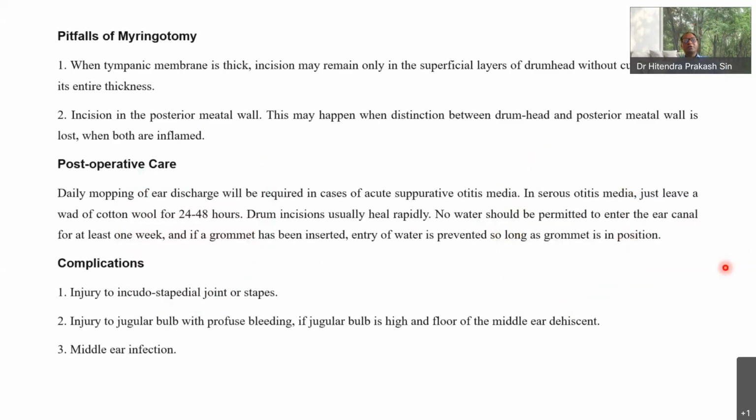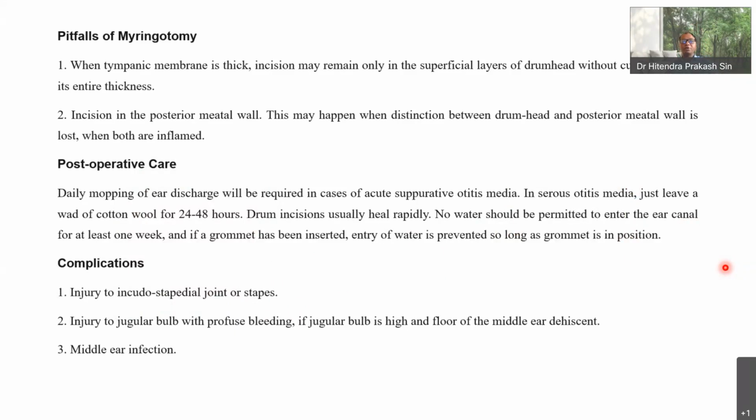Now, what are the pitfalls of myringotomy, when we cannot do the myringotomy, when myringotomy fails? When there is an excessively thick tympanic membrane, when you give an incision, the incision may remain only in the superficial layers of the tympanic membrane without cutting through its entire thickness.